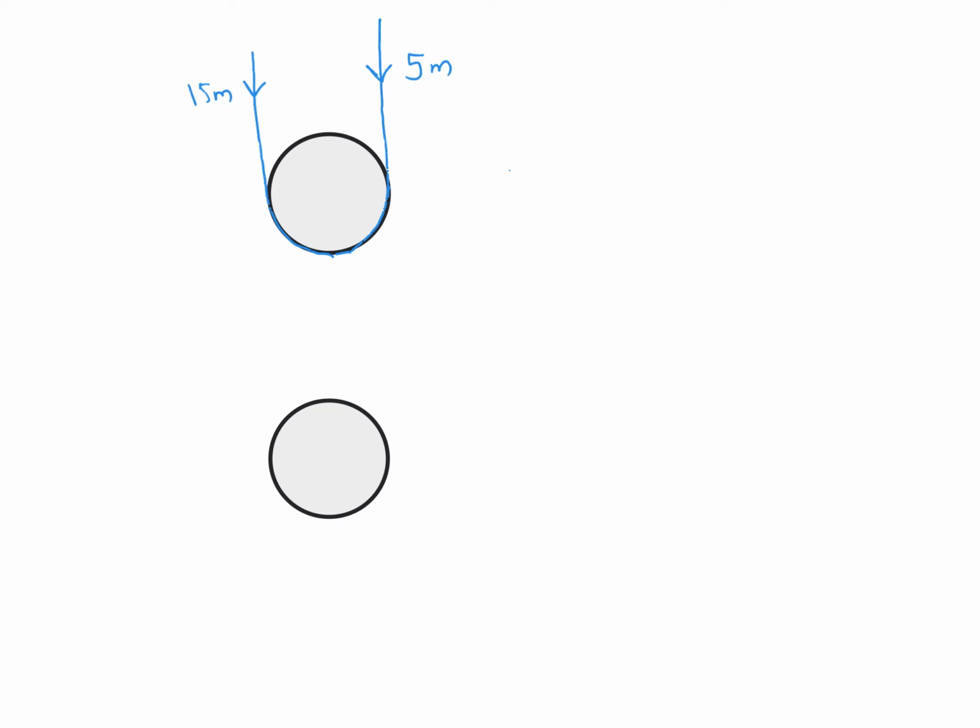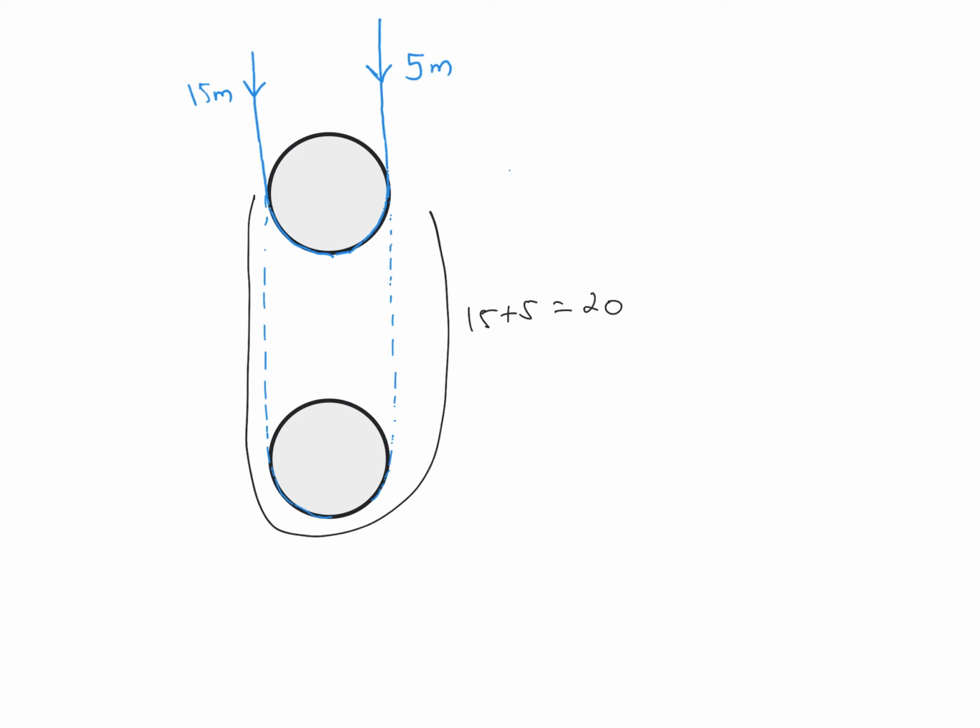So here you can observe that the total length of the string which is getting free is nothing but 15 plus 5, that is equal to 20. So out of 20, we can say that 10 is on the left side and 10 is on the right side. So this pulley is going to be displaced by a distance equal to 10 meter.